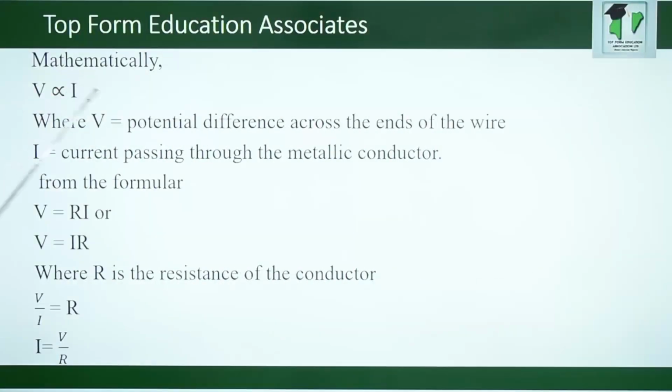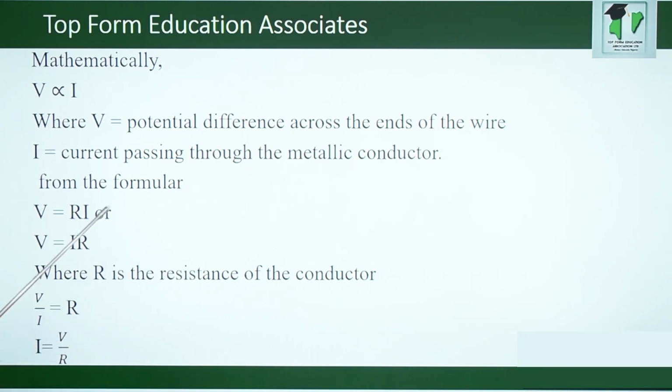Mathematically, we have Ohm's law written as V is directly proportional to I, where V equals the potential difference across the ends of the wire, and I equals the current passing through the metallic conductor.